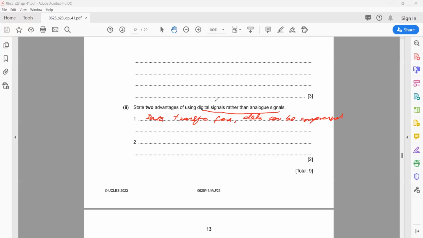And then you can say the signal can be transferred over long distances. Got it? There are a lot like this. I will share the marking scheme with you, so you can write any two from that. Is it clear?